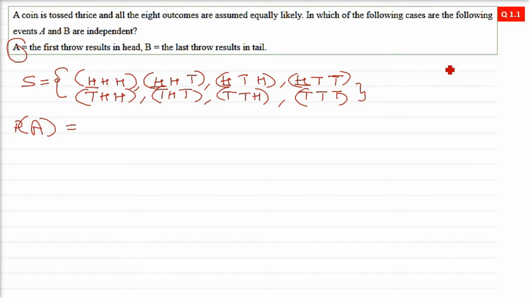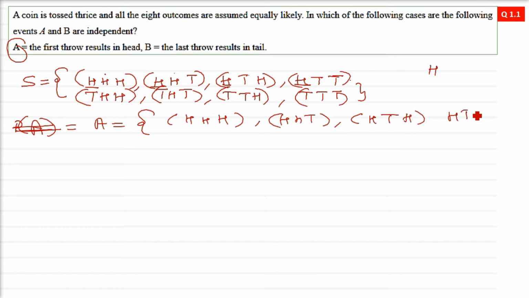All of the top line you can take because all of them have head first. So let's make the set first, then we will go for the probability. Basically we have to find the number of elements in A. So I am writing all the elements from the sample space which have head at first: head, head, head; head, head, tail; head, tail, head; and head, tail, tail.